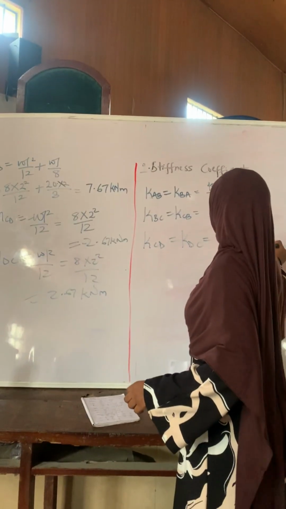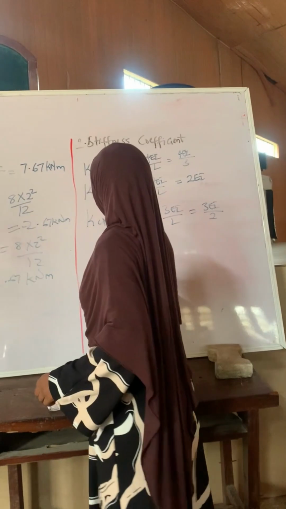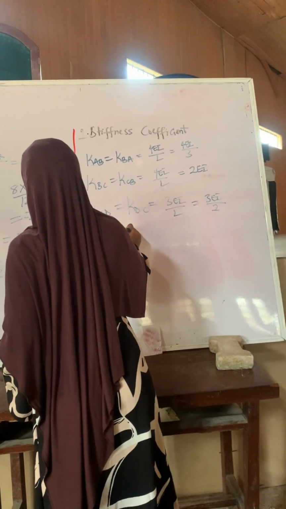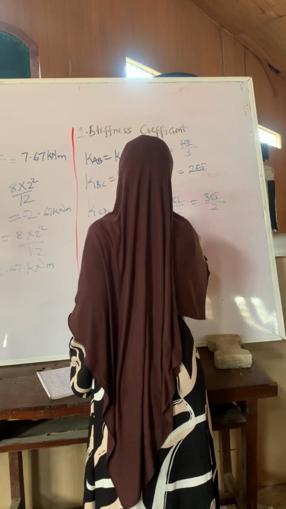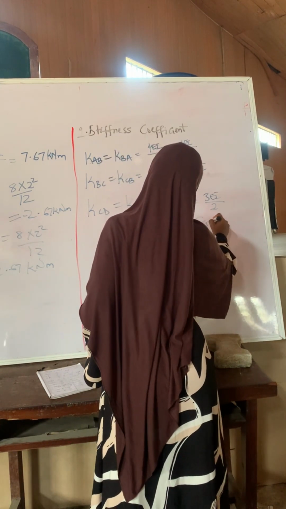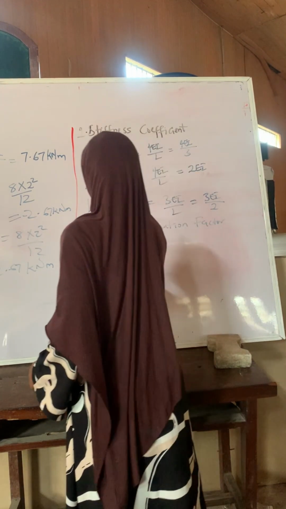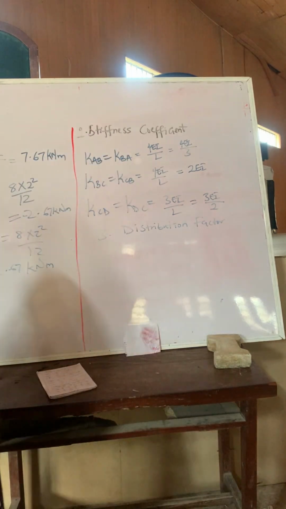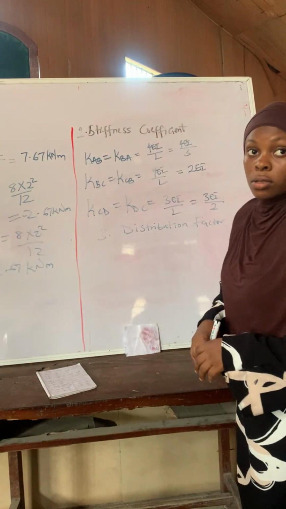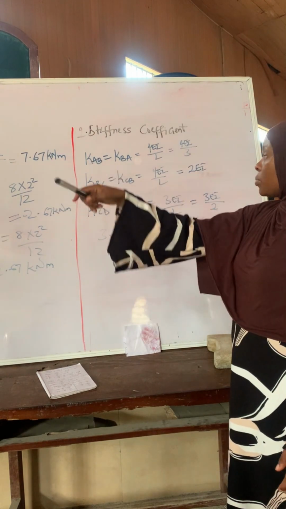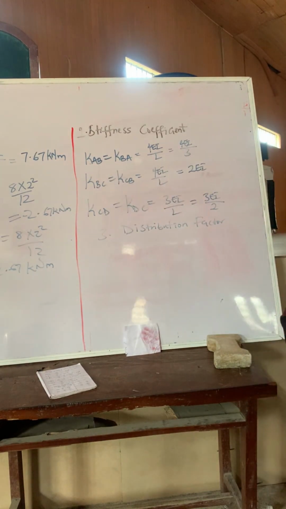What's our EI? So what are these parts? No, I mean for the stiffness. Like KBA, the E and I will get a value.